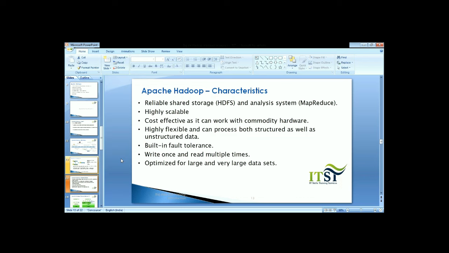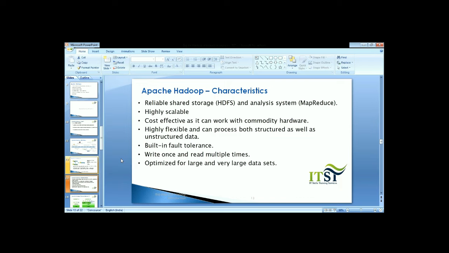If you want to know what Hadoop actually is, take a big chunk of data, 2 GB, sort it on any other machine and sort it in Hadoop, and see the time difference. That is when you will come to know the exact usage and advantage of Hadoop. And lastly, it is optimized for large and very large data sets. That's what I was trying to say. If you have a large volume and a variety of data, you can always use Hadoop.